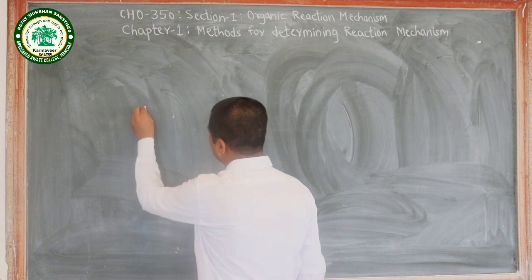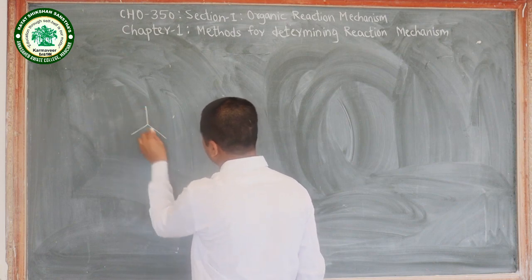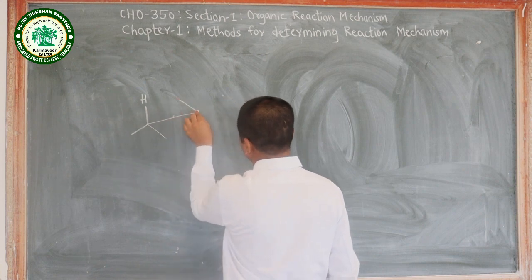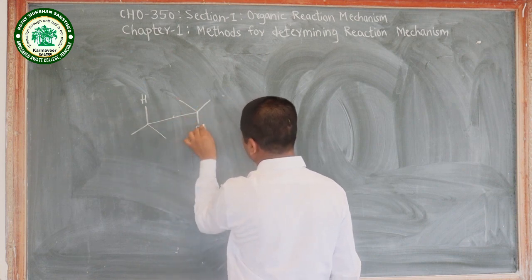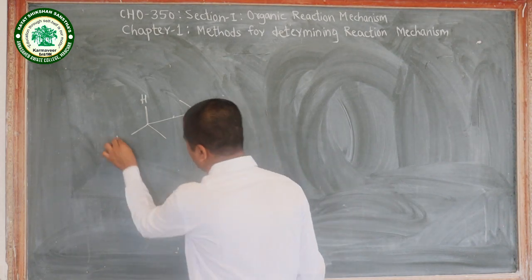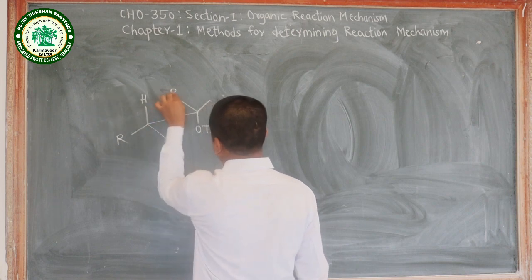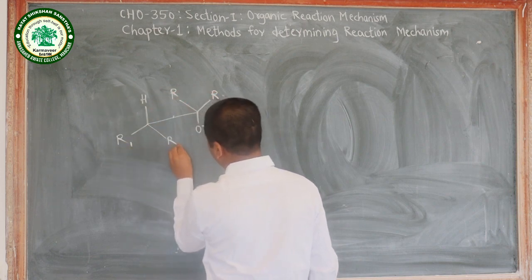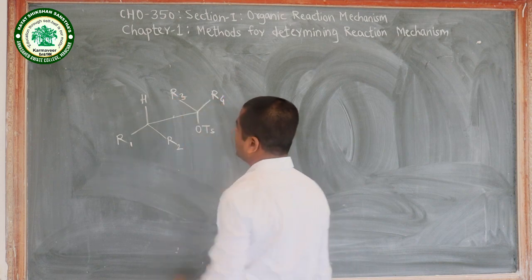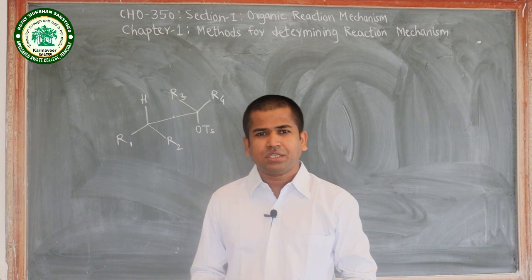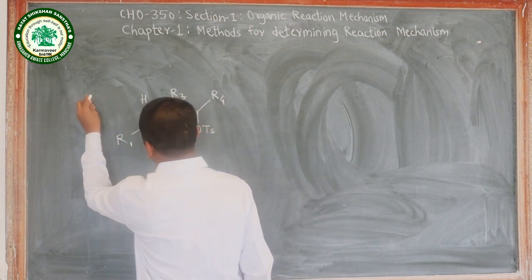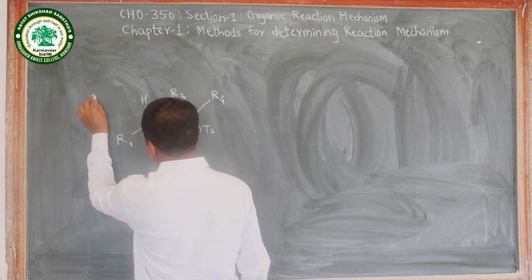Suppose we have a substrate like this, with R1, R2, R3 and R4, and for an elimination reaction a base is required. So suppose we have a base OH minus.